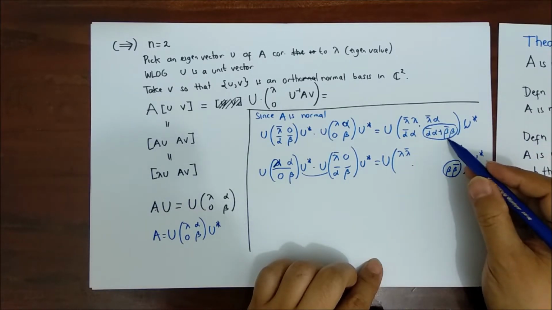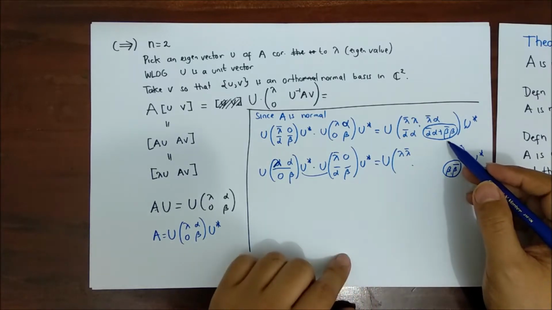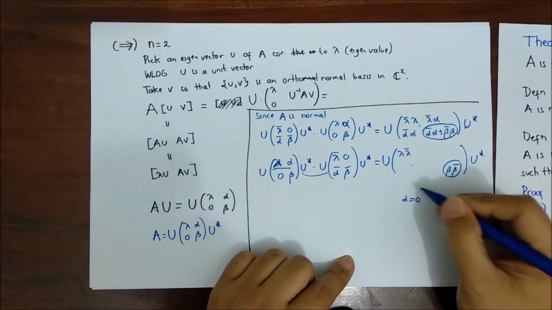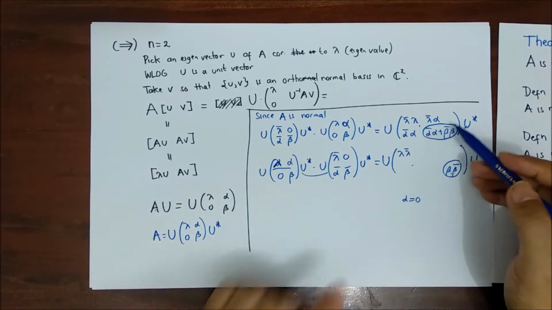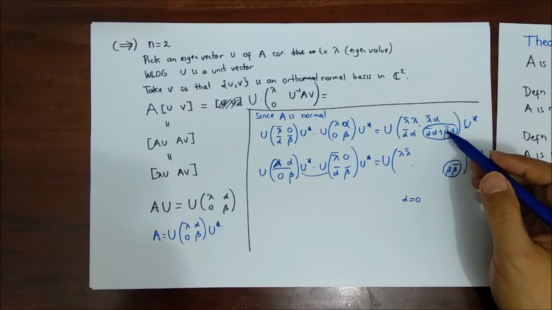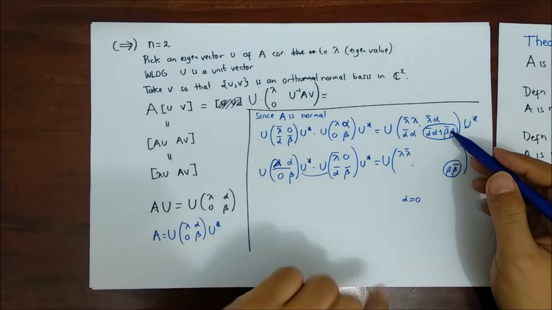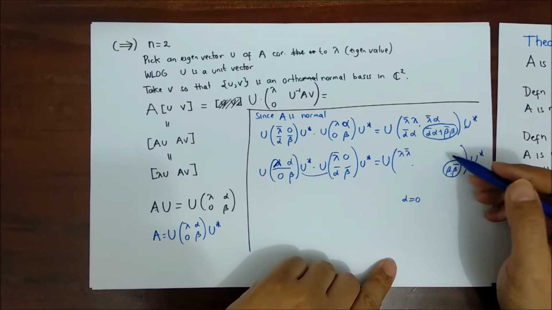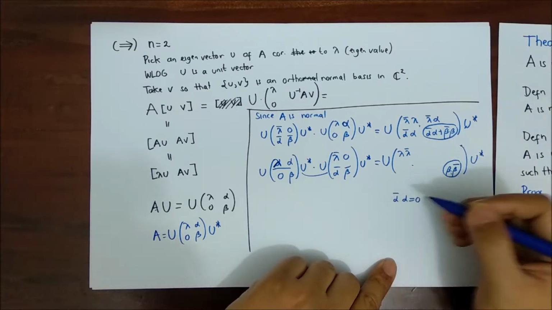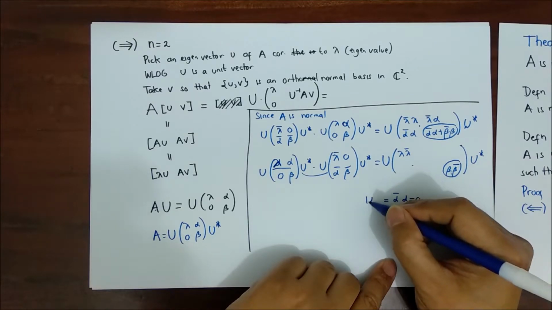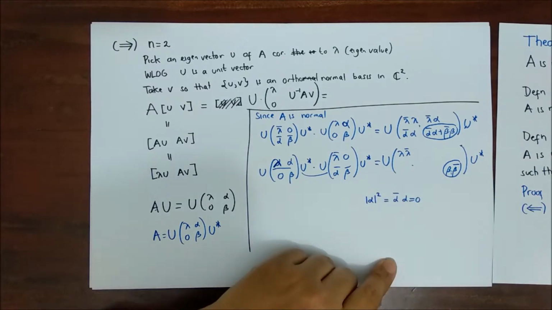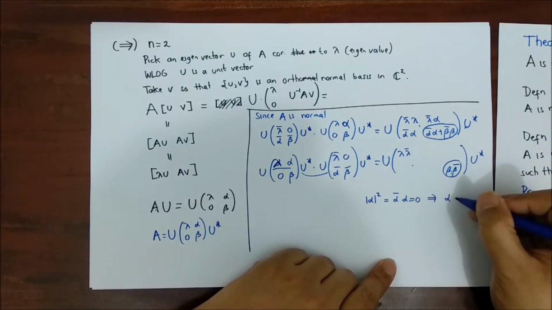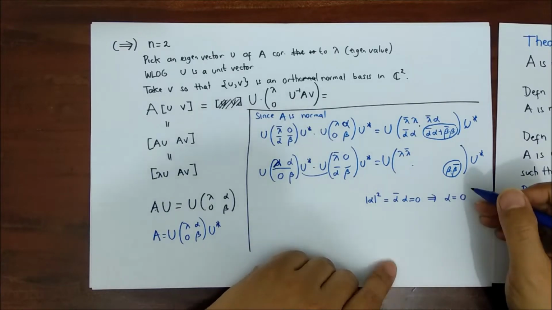And the only way to have these quantities equal is when alpha equals 0. From this equation we have alpha bar alpha equal to 0, but this is the modulus of alpha squared equal to 0, which implies alpha is 0. Okay.